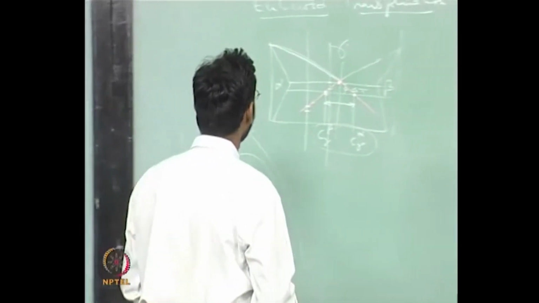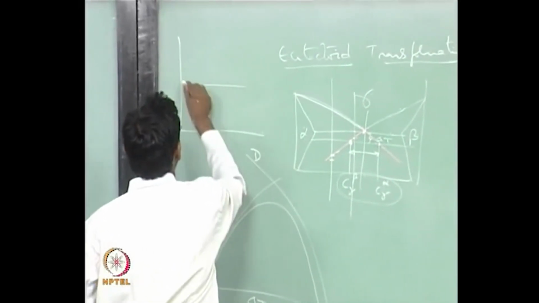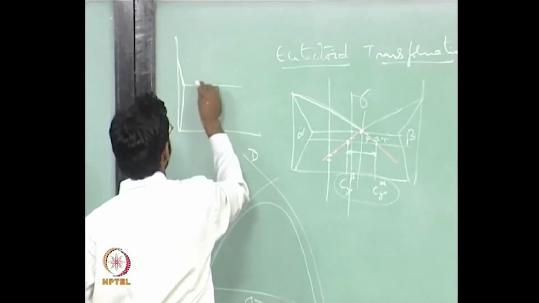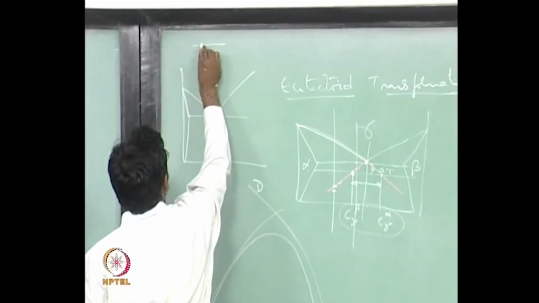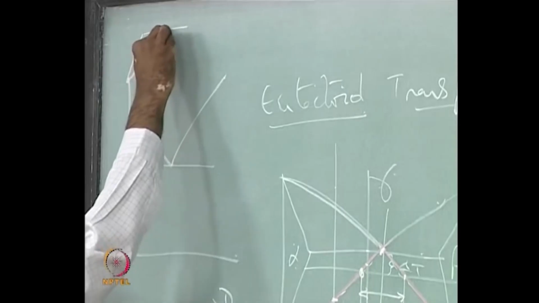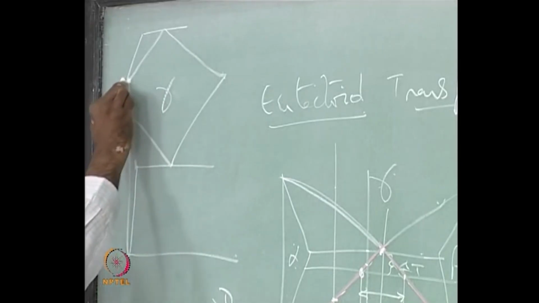What is the austenite region in our phase diagram? If I want to draw the austenite domain, this is the one. What do you call this temperature?